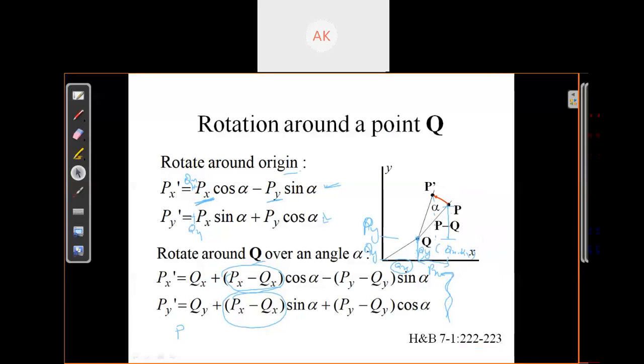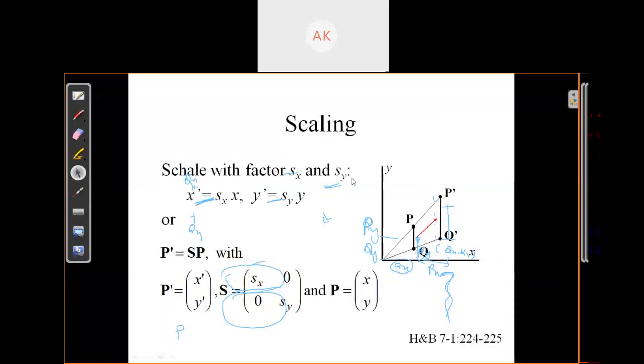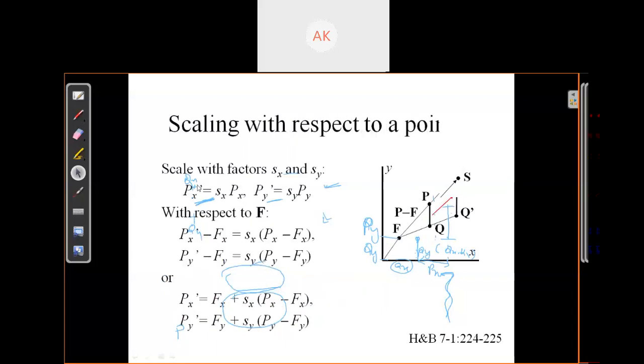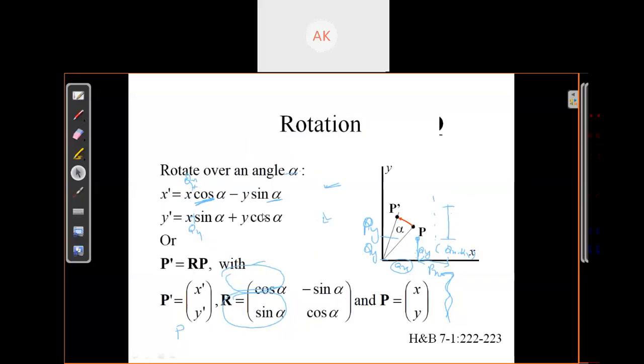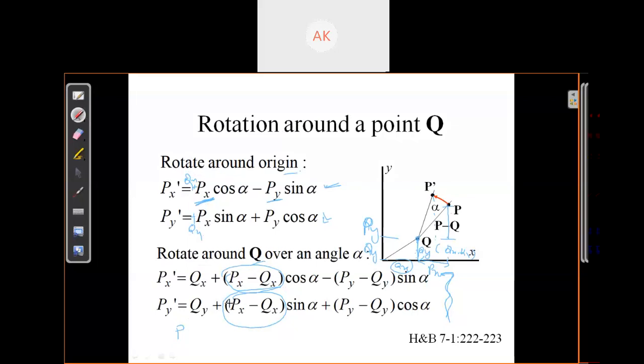So when you write this equation, what we get when the rotational axis is not the origin is this form: P dash equals the rotational matrix R times your given point P, plus some term T, the translation term.